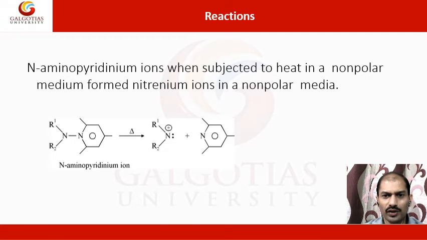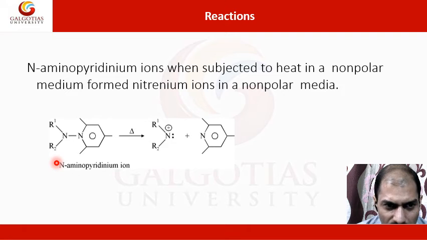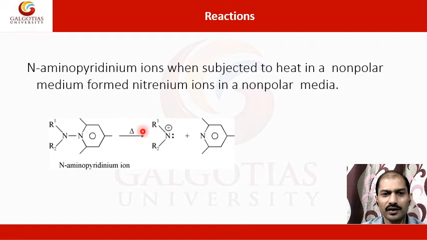There are many more reactions you can see and check here, like from this N-amino pyridinium ion. It is making this kind of different nitrenium ion. Again, you can synthesize from such molecules, and it leaves the cyclic ring structure intact and removes the nitrenium ion.